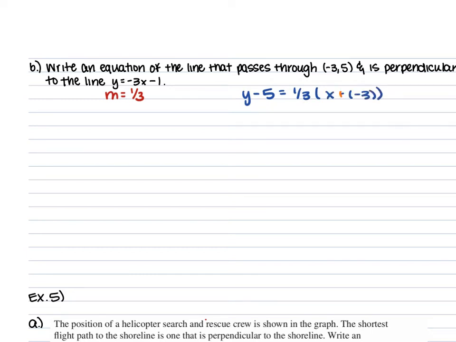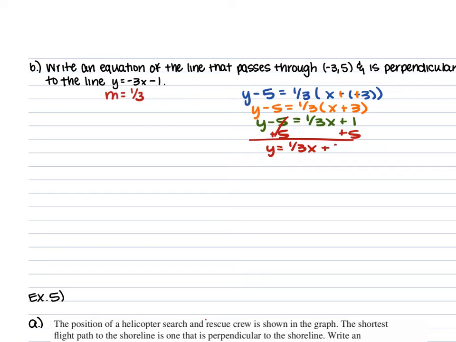A minus negative turns into a positive, so y minus 5 is equal to 1/3 times x plus 3. We're going to distribute the 1/3 to get y minus 5 is equal to 1/3 x plus 1, and then add the 5 to both sides. So y is equal to 1/3 x plus 6.